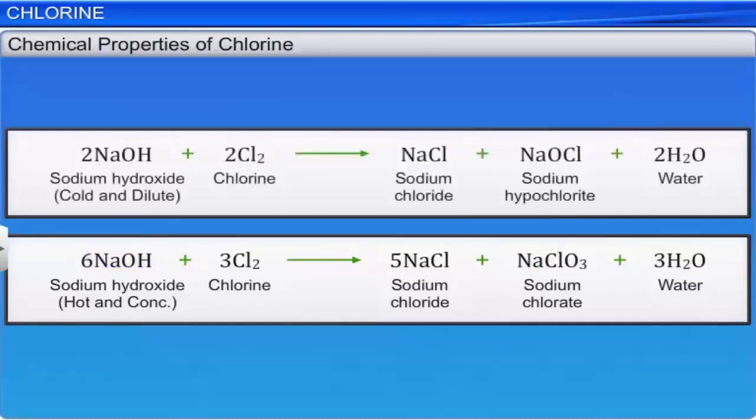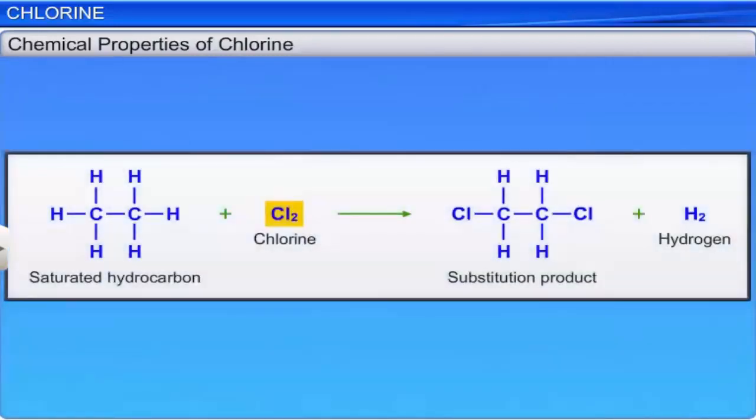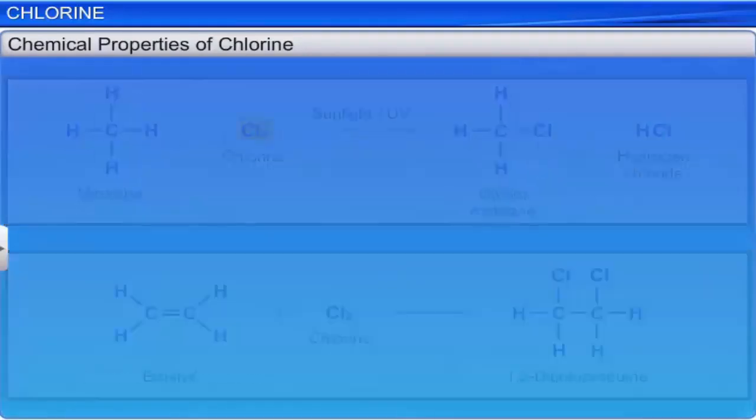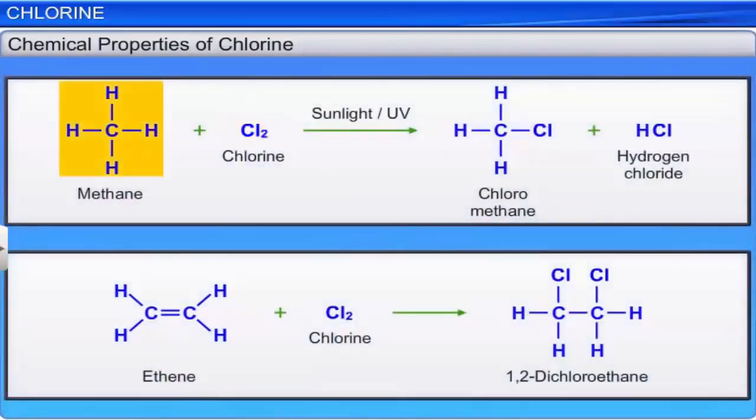It reacts with saturated hydrocarbons to give substitution products and addition products with unsaturated hydrocarbons. For example, it reacts with methane in the presence of sunlight or ultraviolet light to produce chloromethane, and with ethene to give 1,2-dichloroethane.